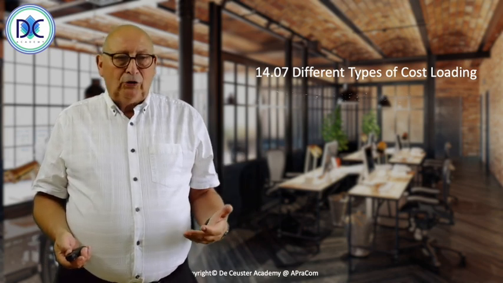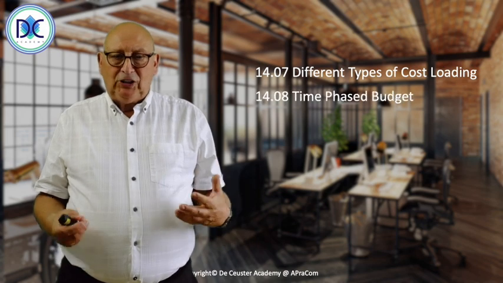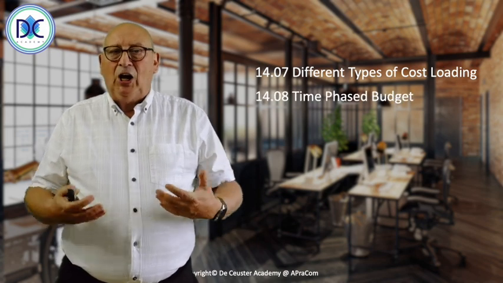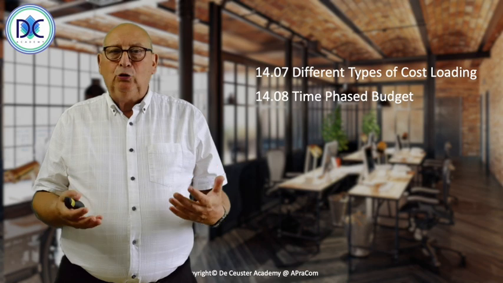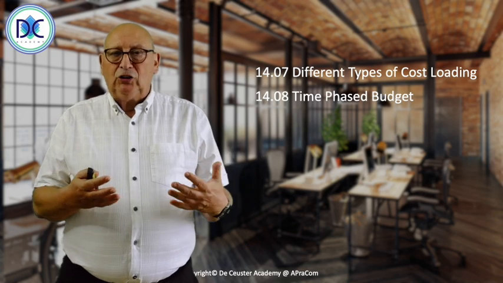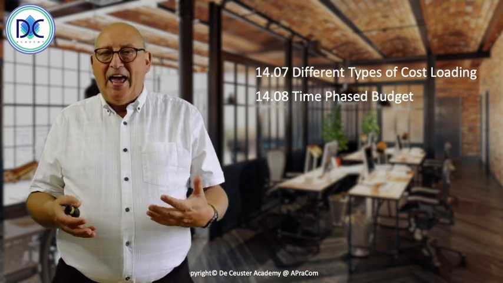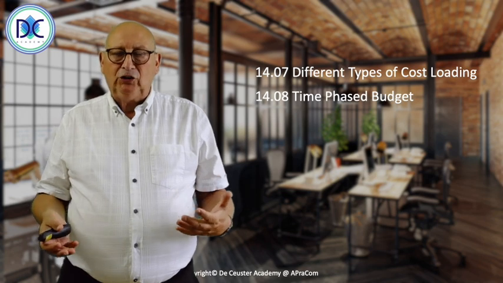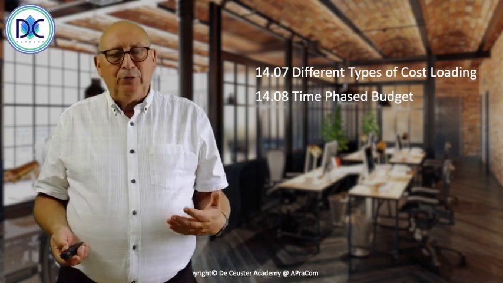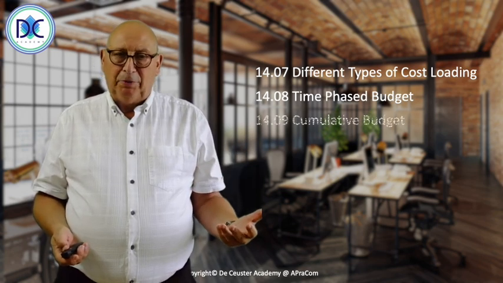We're going to look at the time-phased budget, so we're going to calculate how much money we need for executing, for working every period over the duration of the project. And then we're going to look at the cumulative budget.